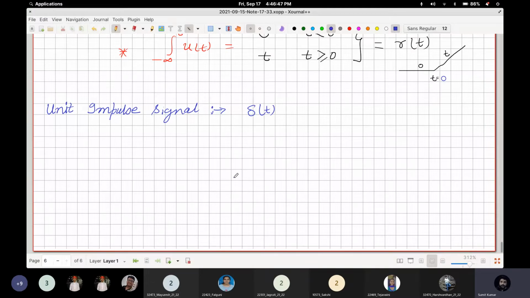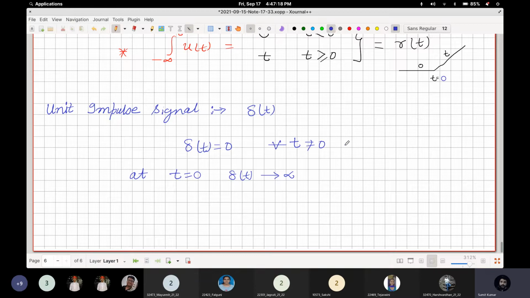And what is the definition of delta t? Delta t is equal to 0 for all time t not equal to 0. Which means except at t equal to 0, it is 0 everywhere. And at t equal to 0, delta t tends to infinity. So its value becomes infinite there.